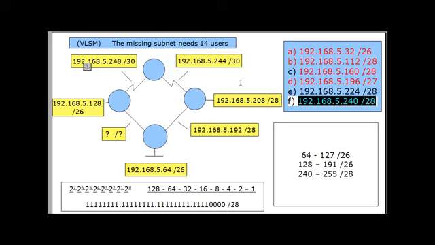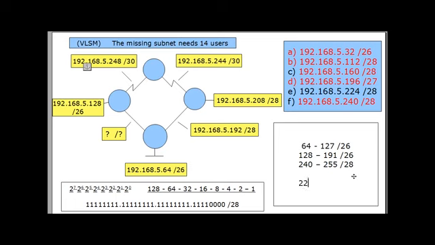And that leaves one possible answer left, the 5.224 network /28. And if we draw it out here, we know that it's size 16, the magic number place value is 16, so we know it would go from 224 to 239 because the next network, 224 plus 16, is 240, right?